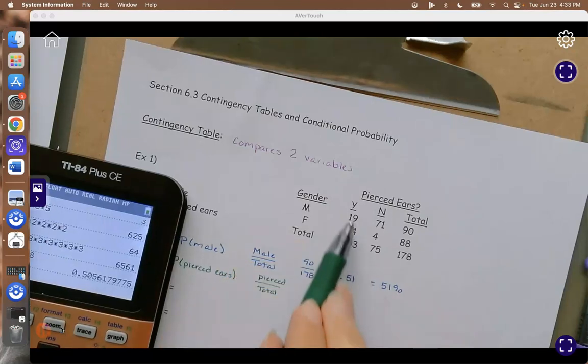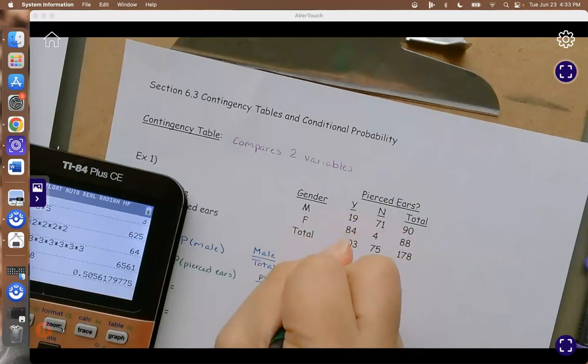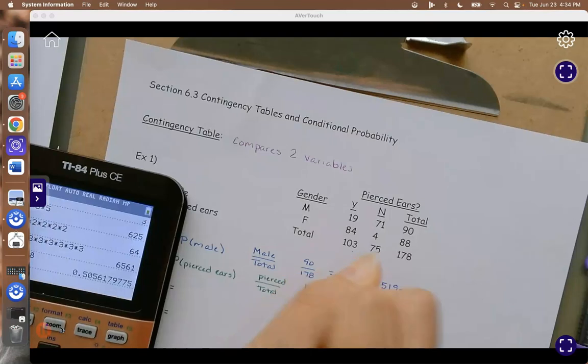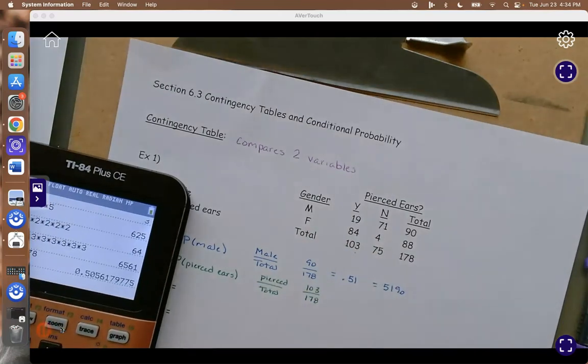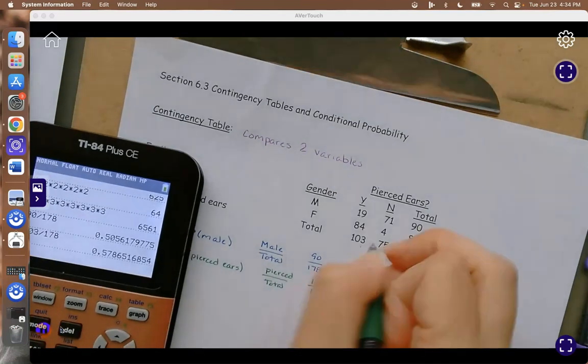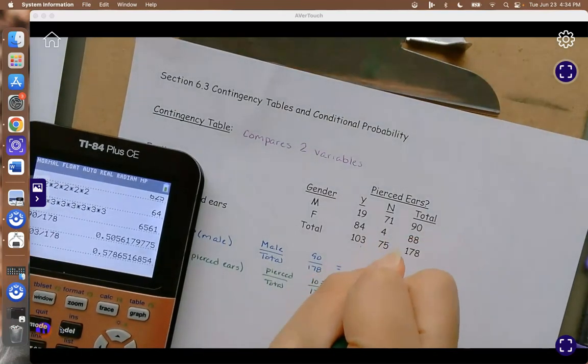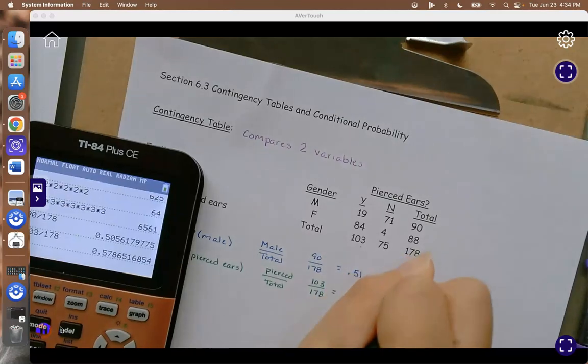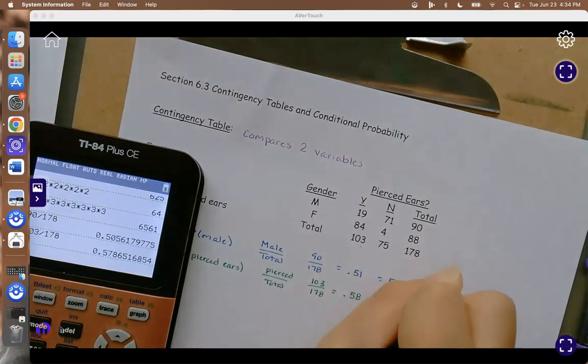Okay, so how many people have pierced ears? 103 out of the 178. So 103 divided by 178. And we're going to make that 0.58 or 58%.